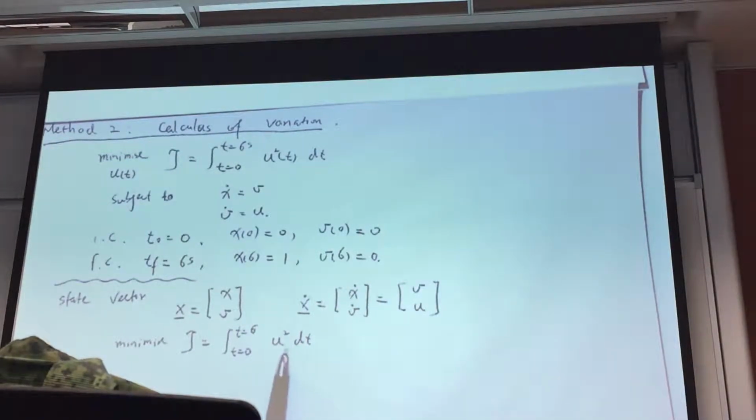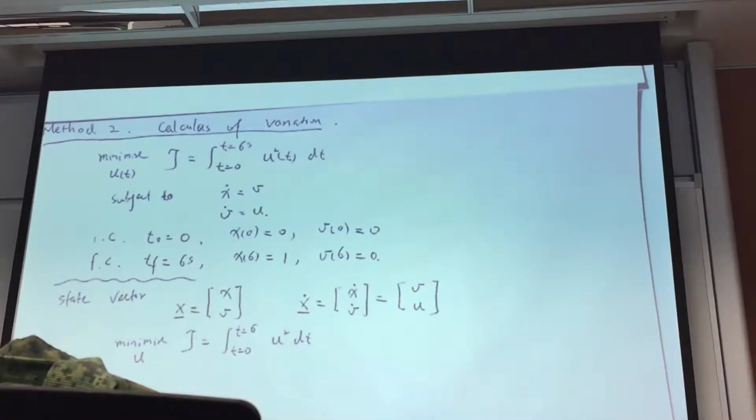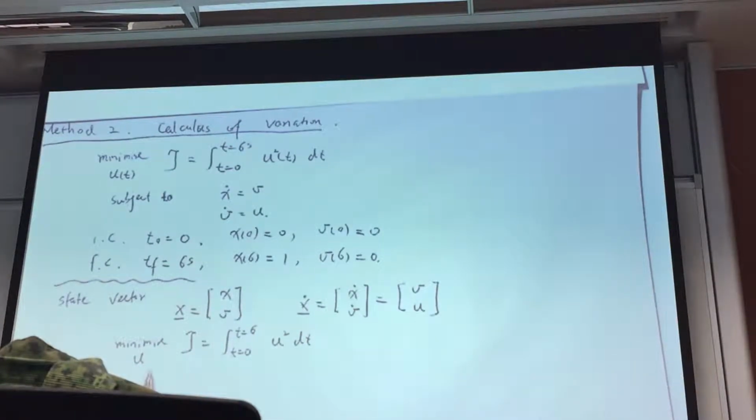So just ignore the dependence of time. But remember, this u is not a value, it's not a vector, but a function of time. With u, we only have one input, the scalar input. It's not a vector.